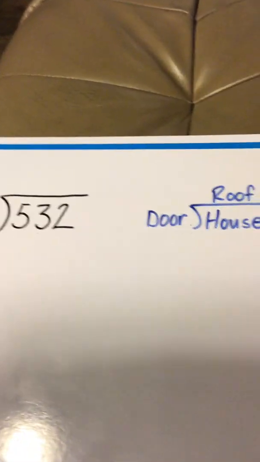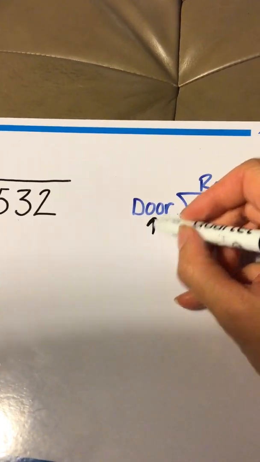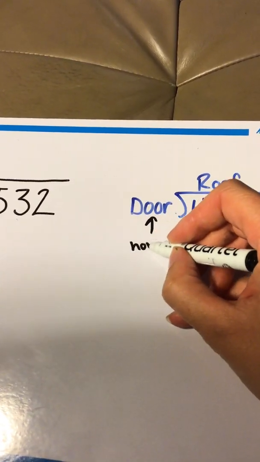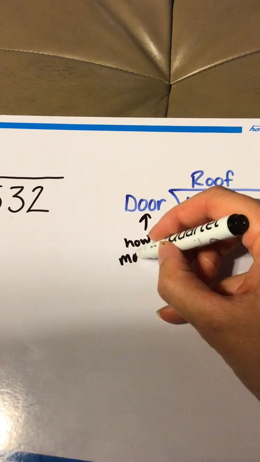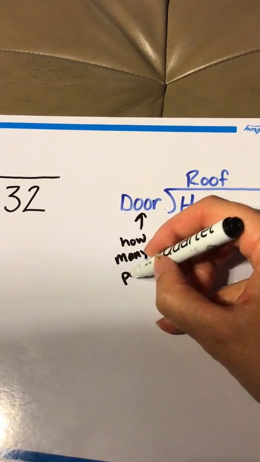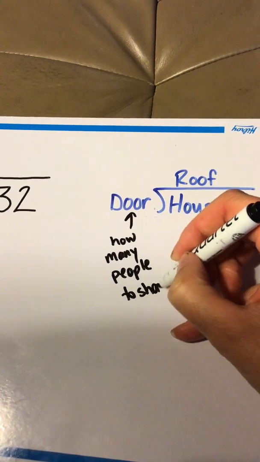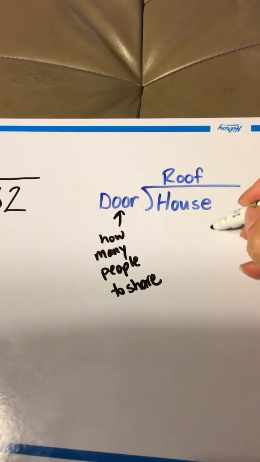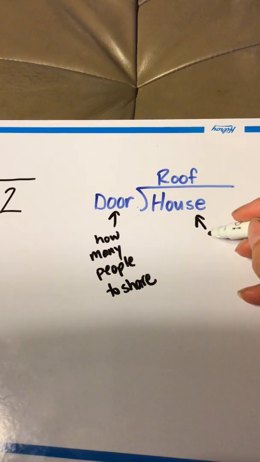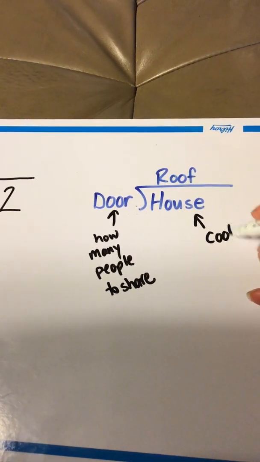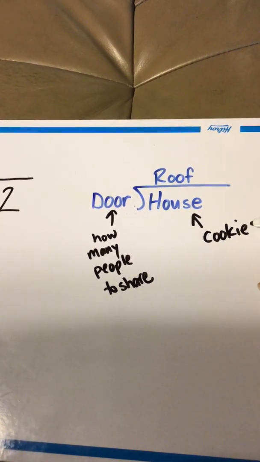And just a reminder, the number at the door is how many people you're sharing with. The number inside the little house is how many cookies you have to share with the people at the door.